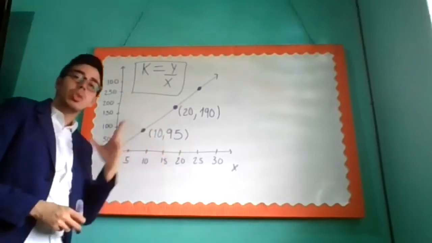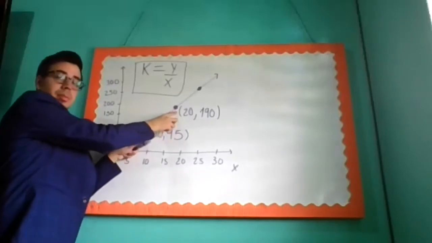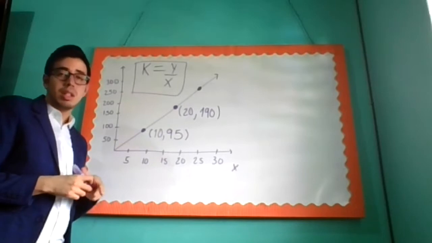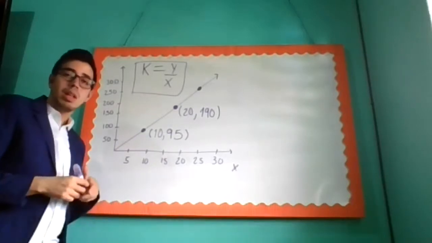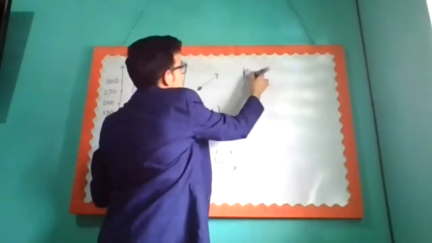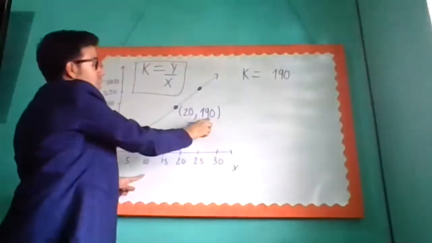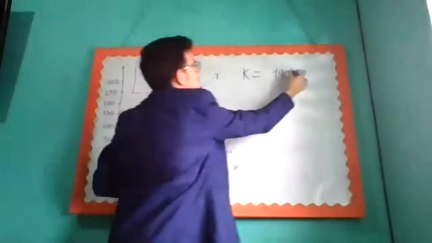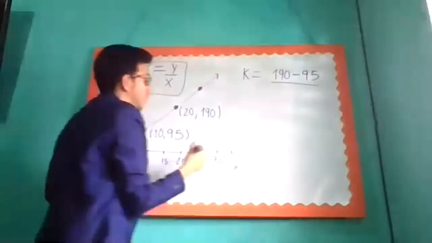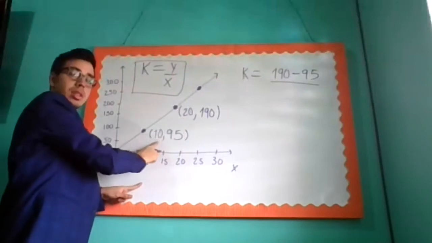But I need 2 points. I need this point and I need this. So what I need to do is to subtract the values for the y. I have 190 minus 95. And you have the other one, 20 minus 10.